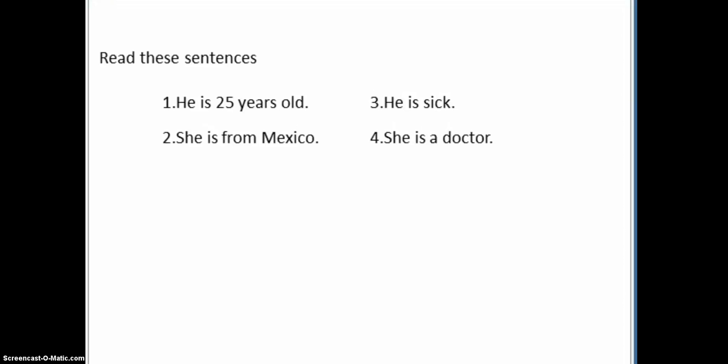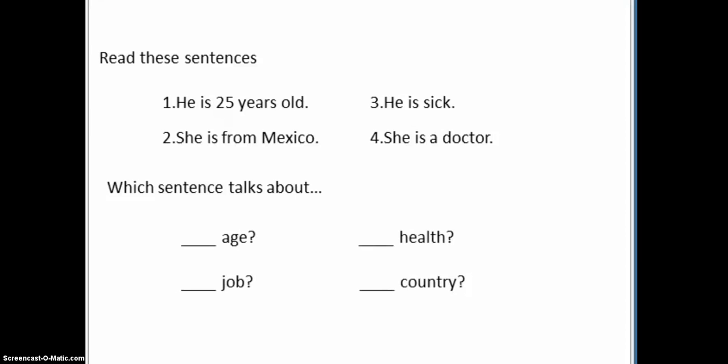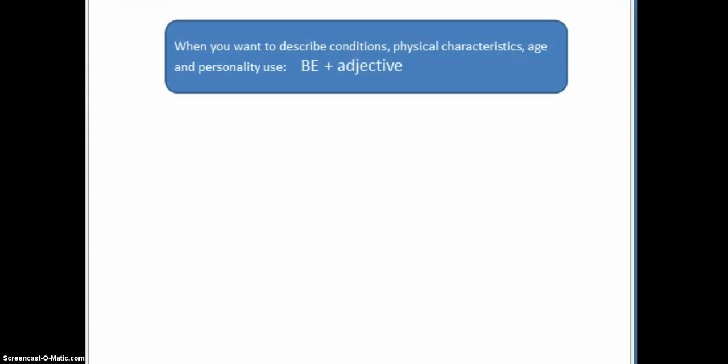We give them 4 sentences here, and then ask them which sentence talks about age, job, health. And the idea there is to get them curious about the lesson, get them sort of tuned in.